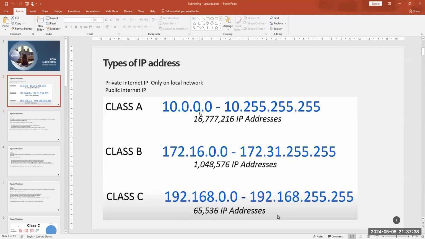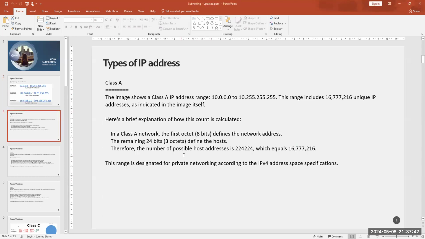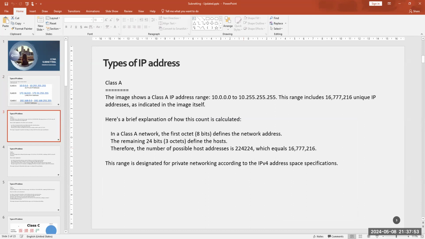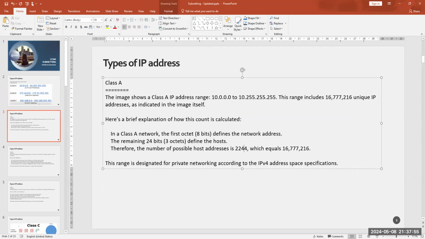So here in class A we are talking about 2 raised to 24. If that is the case, then what will it be? 3 octets are there: 1, 2, 3. So it will be 2 raised to 24, and these many IP addresses can be created.